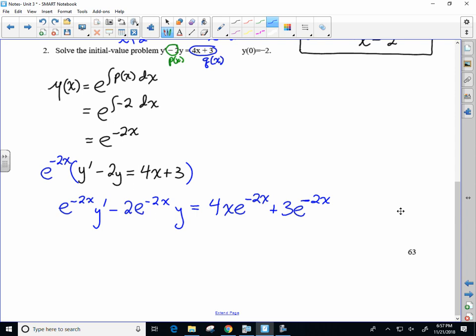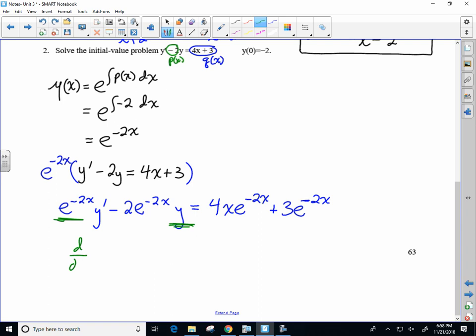So on the left-hand side, after you do this multiplication, this should be the result of the product rule. So we should have the first function multiplied by the derivative of the second, plus the second function multiplied by the derivative of the first.